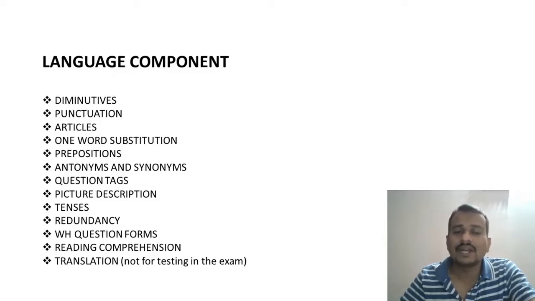The last under this is translation. Again, it is something new for our students, wherein translation cannot be asked in the examination considering students of different languages. It is a practice session in the classes as a part of internal assessment.